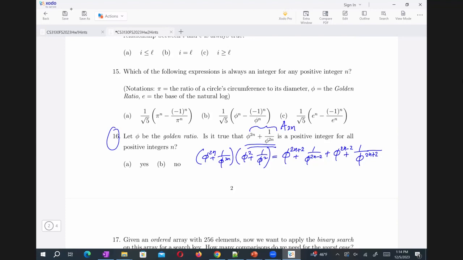Then this formula I can write as a sub 2n times a sub 2 equals a sub 2n plus 2 plus a sub 2n minus 2, much shorter.